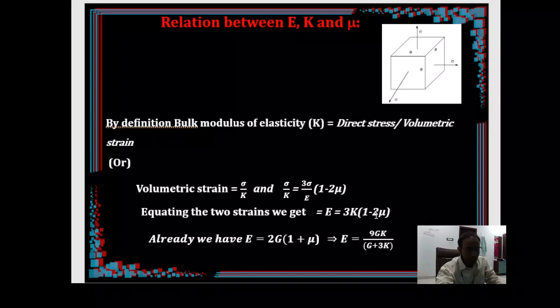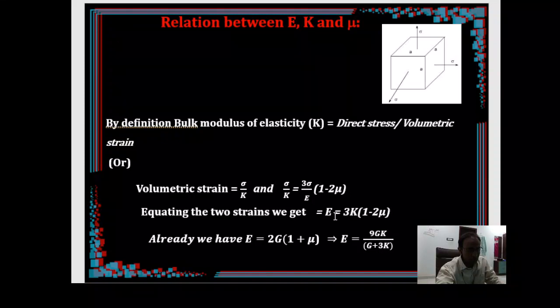Now, at this juncture, if one wants to bring the shear modulus also into the picture, what we can do is eliminate one of the constants.